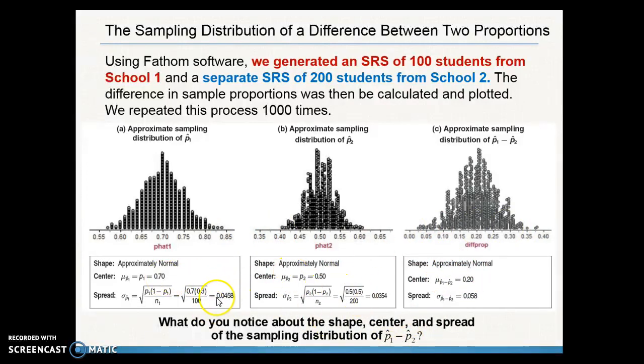And the spread, like I said, now we're going to think about this for a second. Remember that if we have two random variables, how do we find the mean if we subtract them? We just subtract the means.